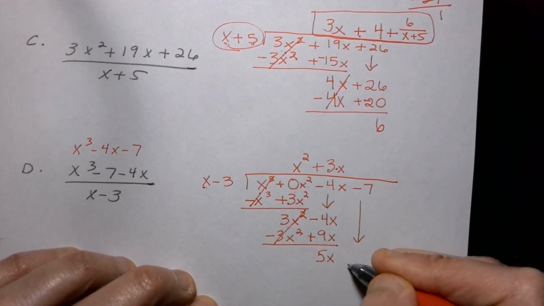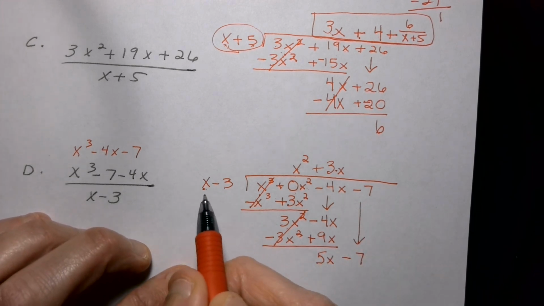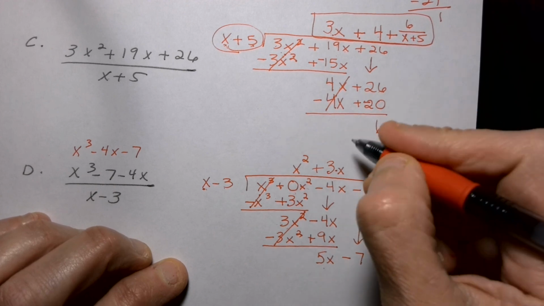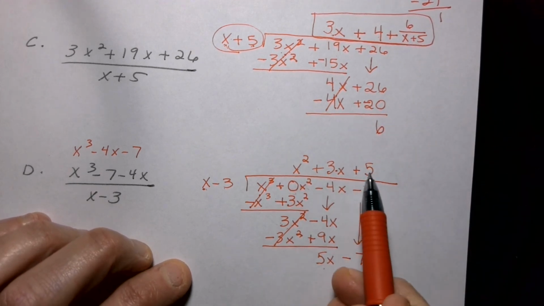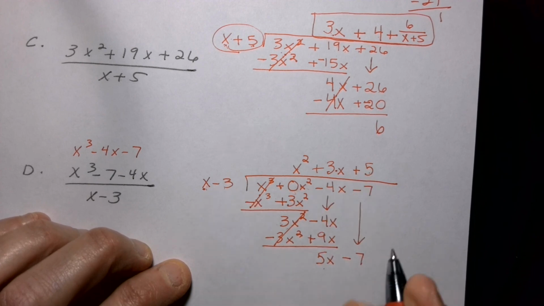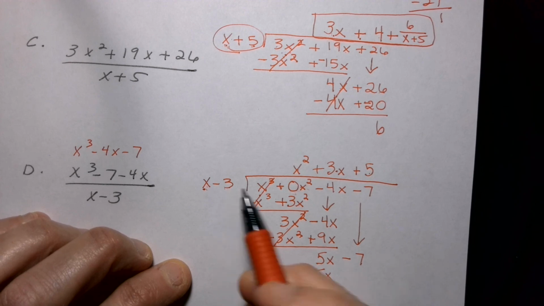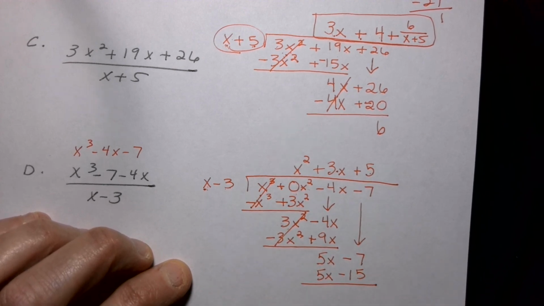Bring down 7. And back to the beginning. What do you multiply x by to get 5x? Positive 5. Now multiply. 5 times x is 5x. 5 times a negative 3 is a negative 15. Oops, I drew my line first.